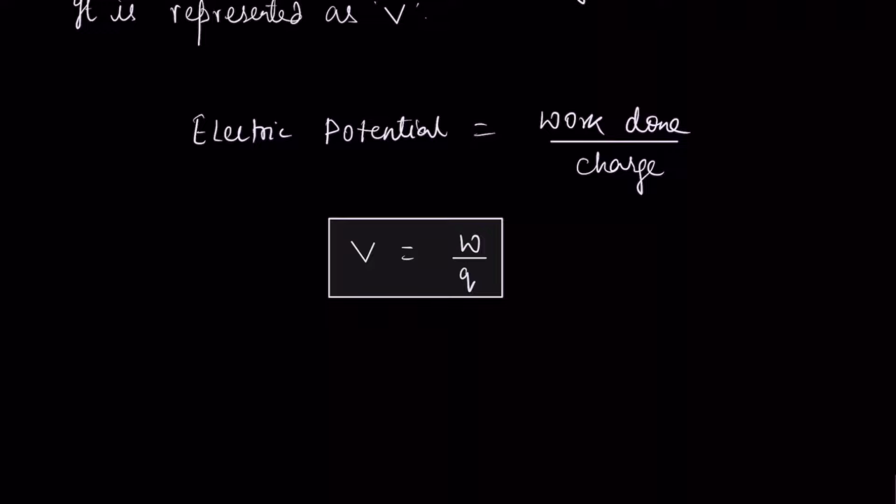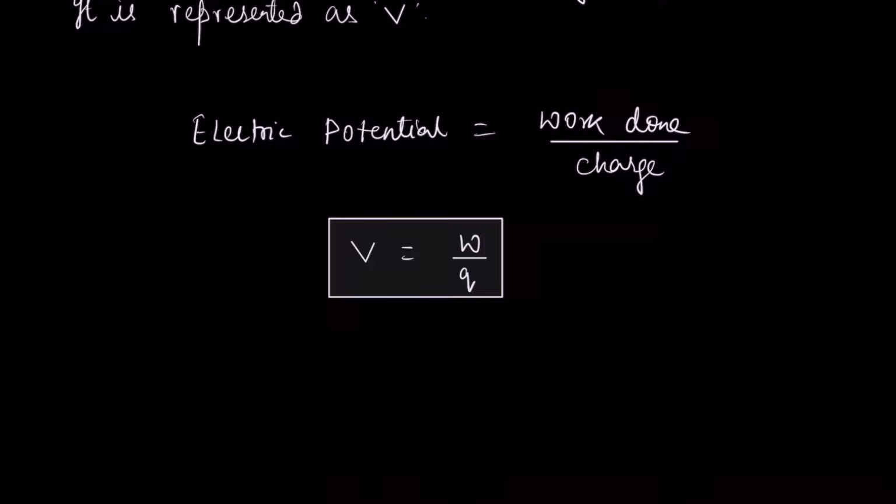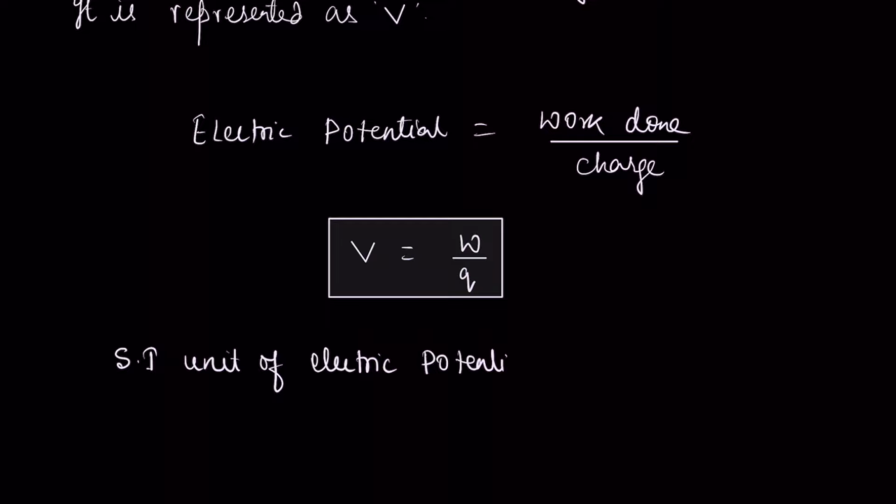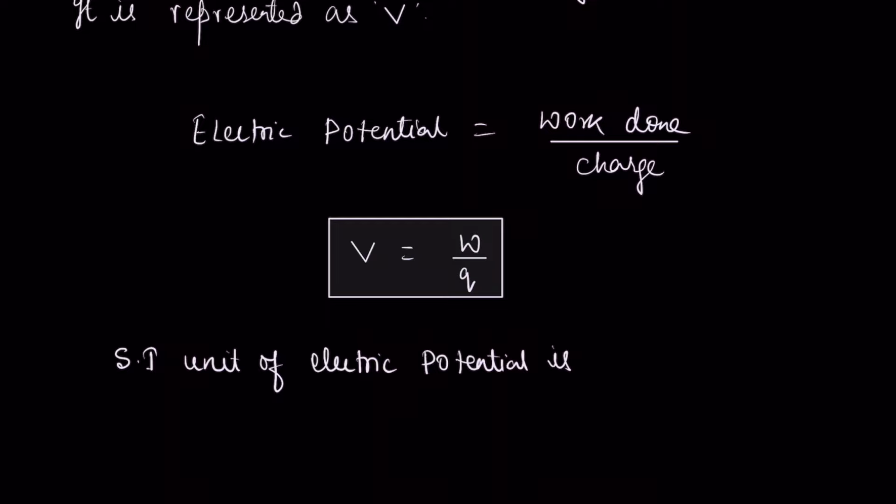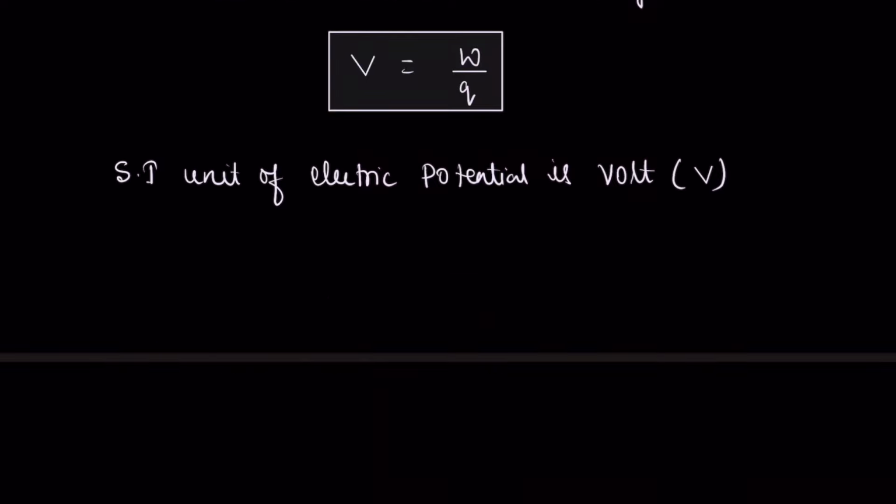What is the SI unit of electric potential? The SI unit of electric potential is volt. It is also represented as capital V. So the symbol of electric potential and the SI unit of electric potential both are the same. How can we define 1 volt?